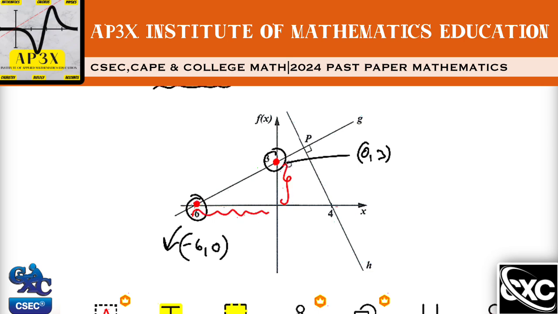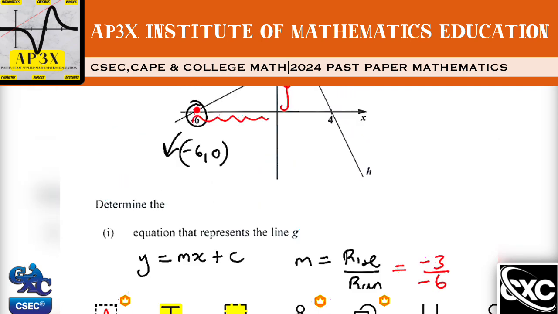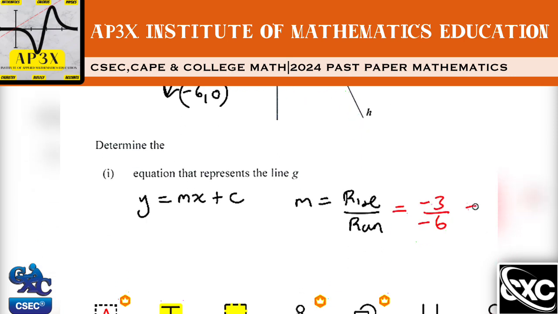So my rise here would be negative 3 coming down. It's negative 3, and my run would have been, say here, negative 6 because I'm going towards the left. So coming down, rise, negative 3, run, negative 6. So it works out that my gradient here is a half.